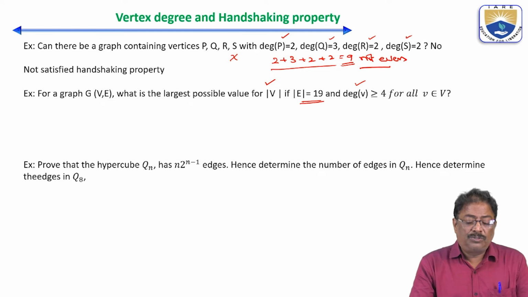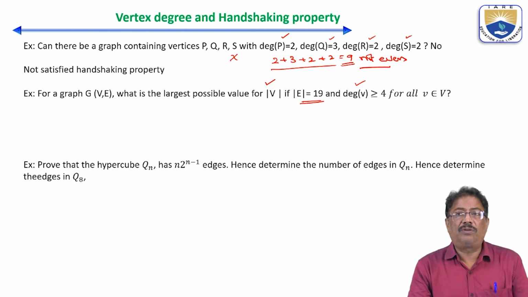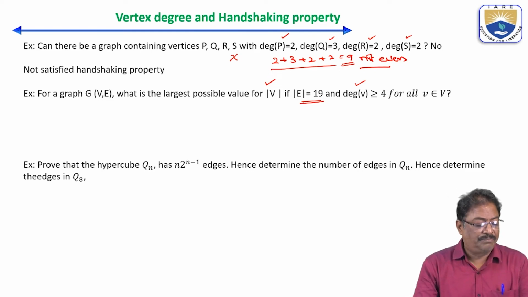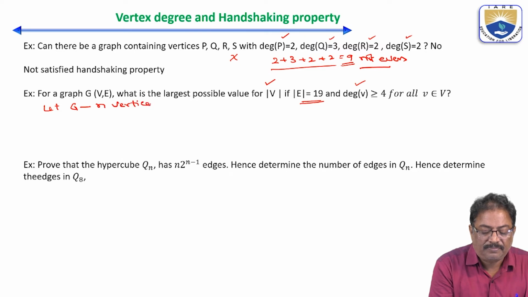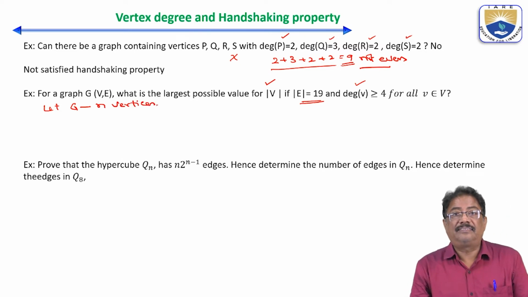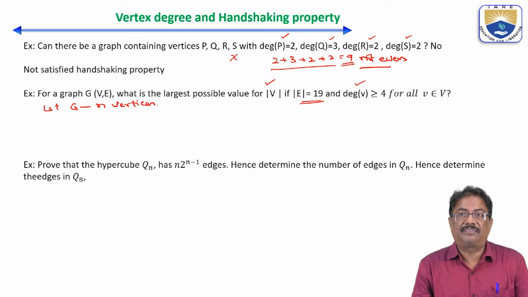So what is the largest possible value that we have to calculate? Let G have n number of vertices.